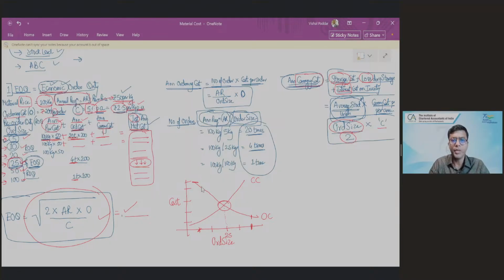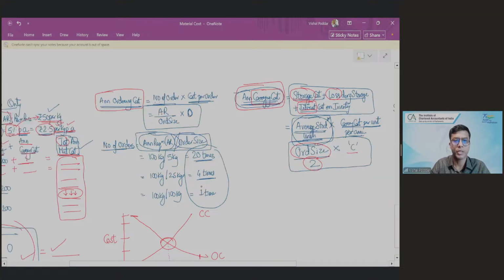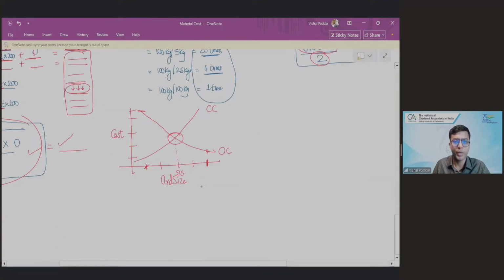Now, we determine how much is my annual ordering cost, because that is one of your calculations. And we also determine what is my annual carrying cost. Now, an interesting feature that you will observe is, if you compare for each order size what both these costs are, you will find that as you increase the order size from 5 to 100, your carrying cost is going up, because the more you order at one time, the more you have to keep in stock till it is consumed.